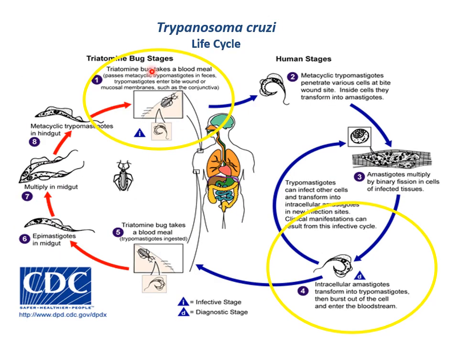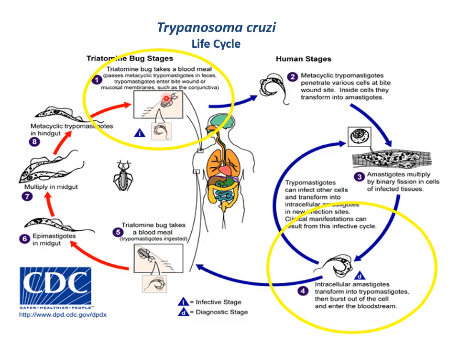Let me now go over the life cycle of Trypanosoma cruzi, which is responsible for the American trypanosomiasis or Chagas disease. So the infection with Trypanosoma cruzi starts whenever a kissing bug or a triatomine bug is taking a blood meal.